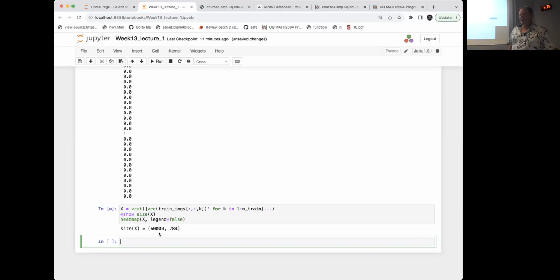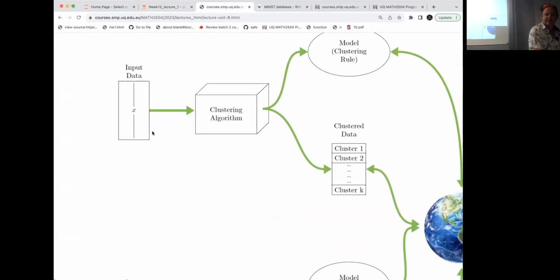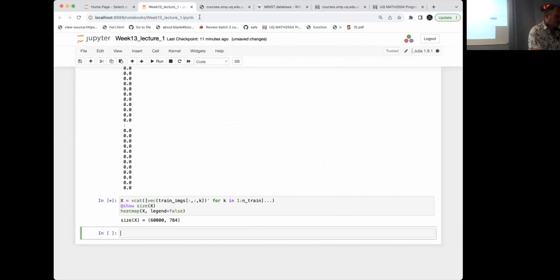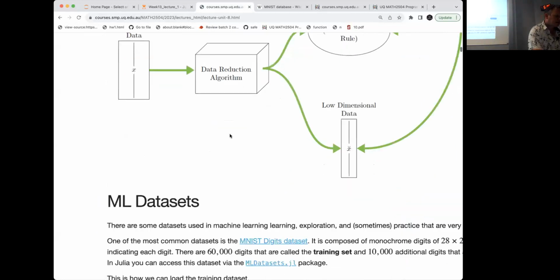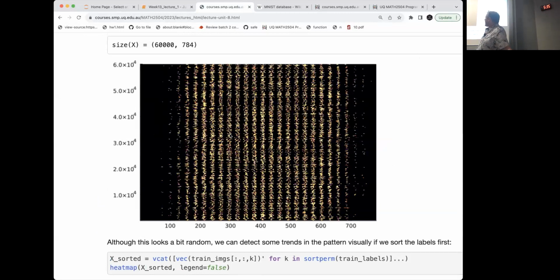So this is going to be a 60,000 by 784 matrix. Let's see it. Here's what it's going to look like. So why is this pattern? Each row is 784 dimensional, and the number of rows is 60,000, 6 times 10 to the 4.